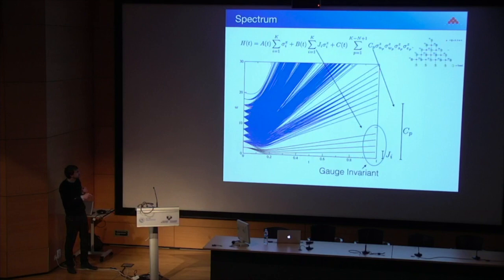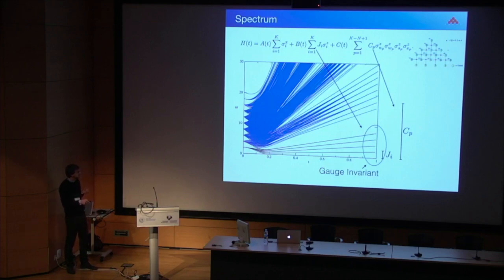But if I change one of them, so I change, for example, the strength of this plaquette or of this plaquette or of this plaquette, it only changes this upper part, while this lower part is really gauge invariant. So this means we have now an additional degree of freedom which we can change.